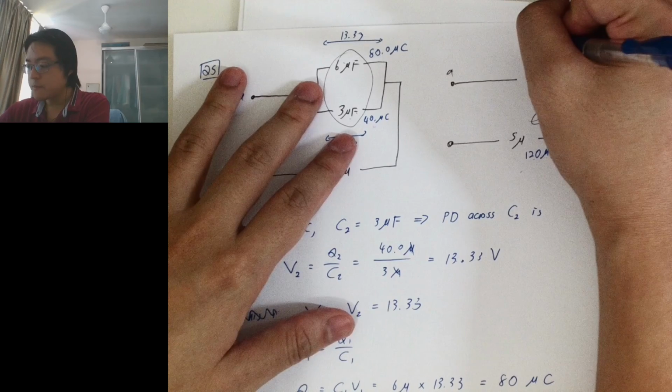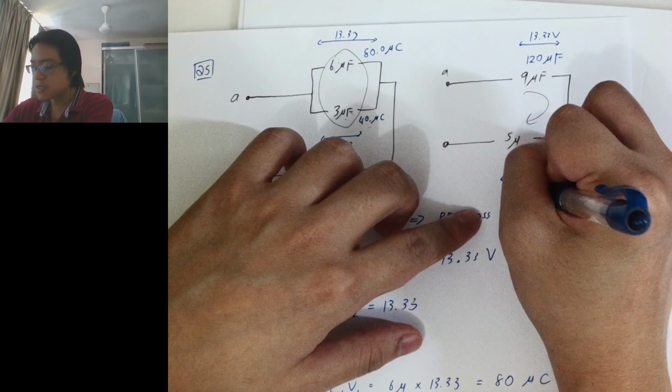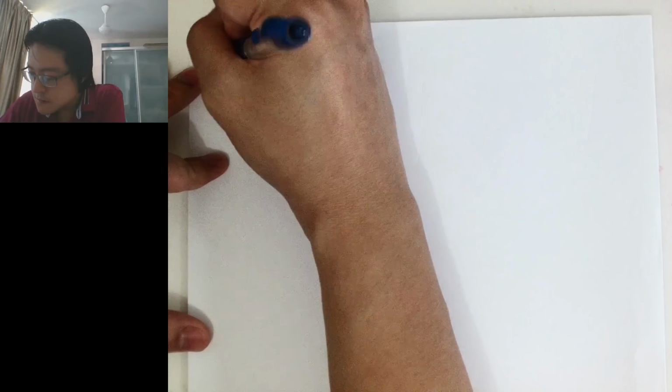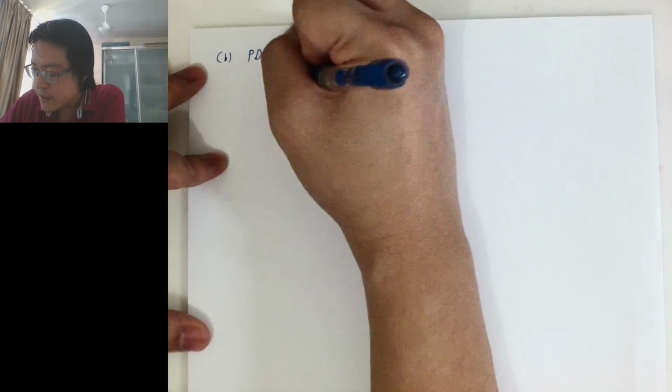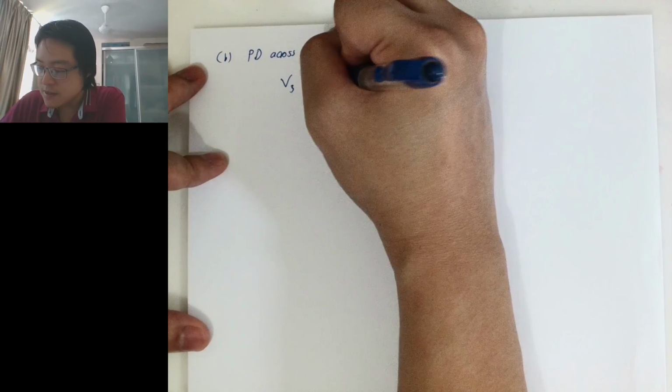So the last part is we want to find the voltage VAB. Well, we have found the voltage from here to here is 13.33 volts. So I just want to find the voltage across this capacitor. Then the answer shall be the sum, right? So the next thing that we want to do is the potential difference. The potential difference across capacitance 3 is V3, Q equals CV, so it's just Q3 over C3.